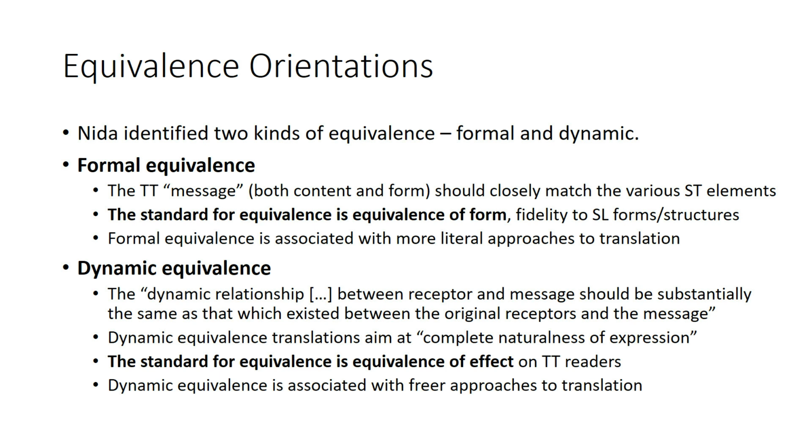For Nida, formal equivalence is the idea that the target text message in both content and form should closely match various source text elements. So under formal equivalence, and formal here refers to language forms and structures, the standard for equivalence is equivalence of form.